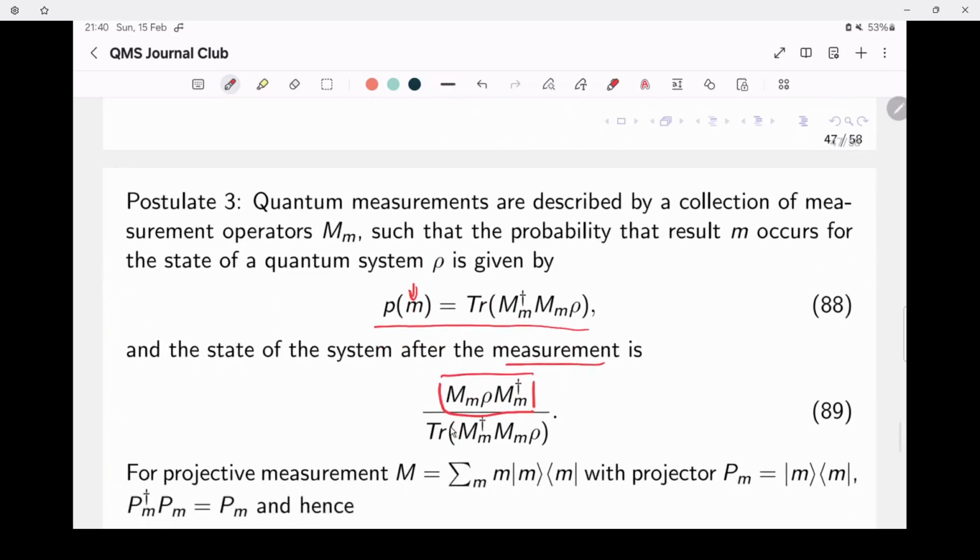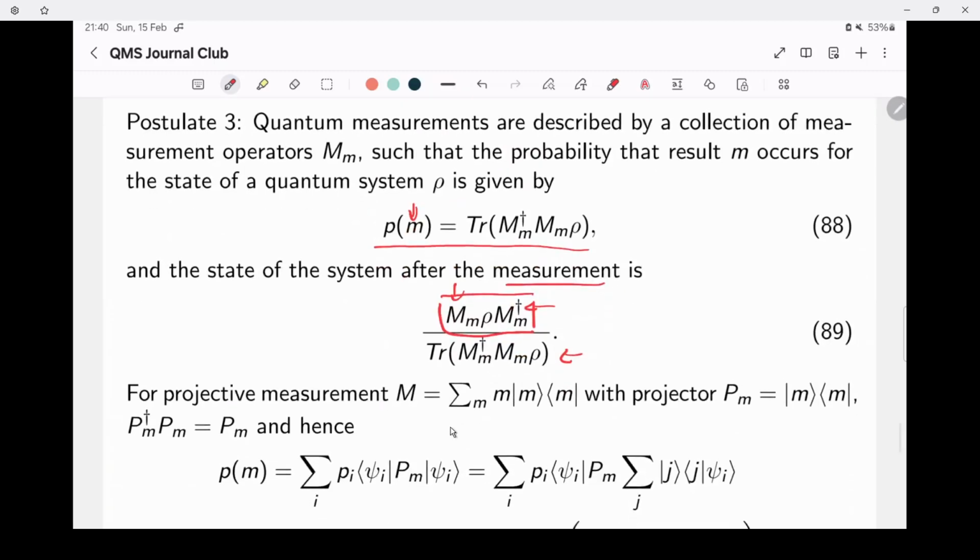You have the left side having your measurement operator acting on the density matrix, and then on the right side of your measurement operator, you put a dagger, and the bottom part is basically your probability of getting that particular outcome. But again, this is a measurement for a very general type of measurement.